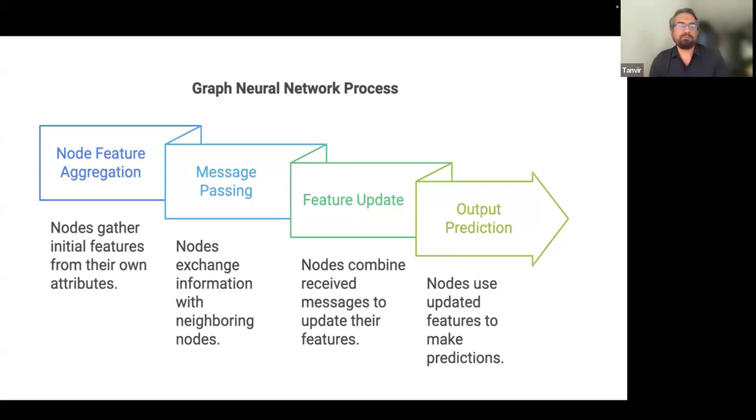We want to capture the spatial relationship and combined relationship between atoms and how they interact with each other in that spatial coordinate system. That's why the feature update is an important step. And after the feature update is done, we use these features to do predictions downstream, which could be regression or classification, like predicting toxicity, or predicting atomic-specific properties.